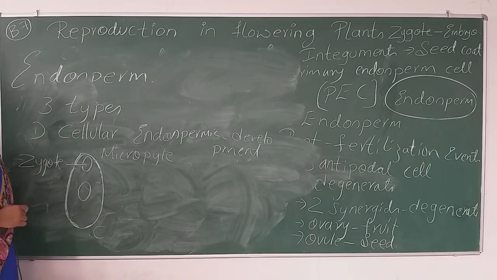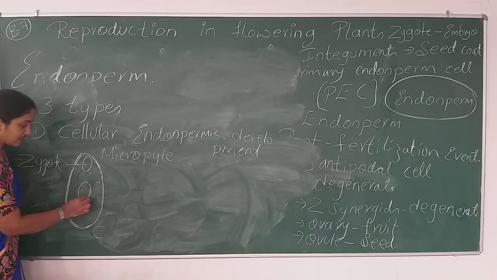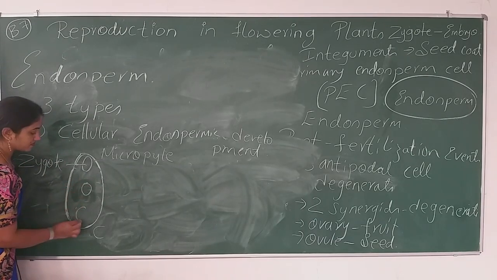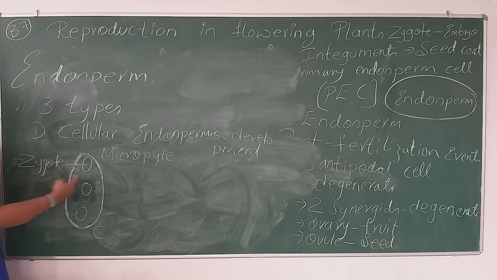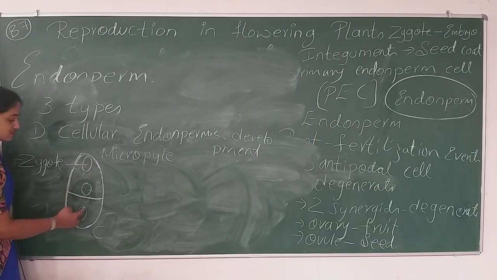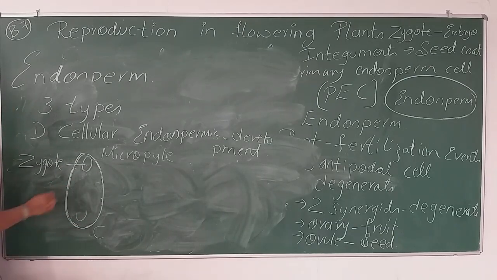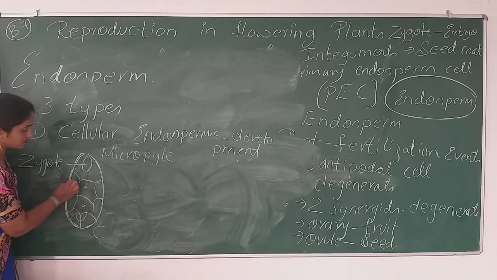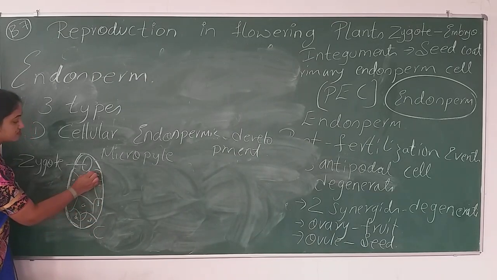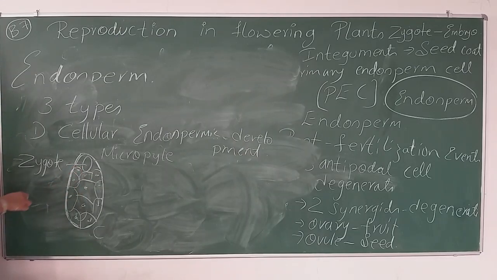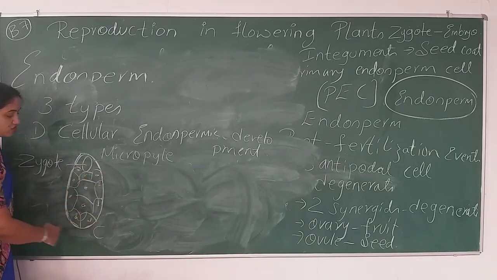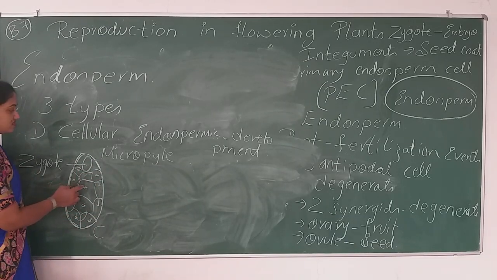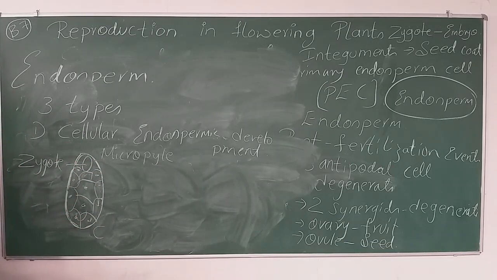But in the cellular endospermic development, karyokinesis occurs, no doubt, but immediately the cytoplasm also divides, resulting in the formation of a number of cells inside the endosperm, like this. All these developments take place inside this embryo sac. So this is the cellular type of endospermic development.